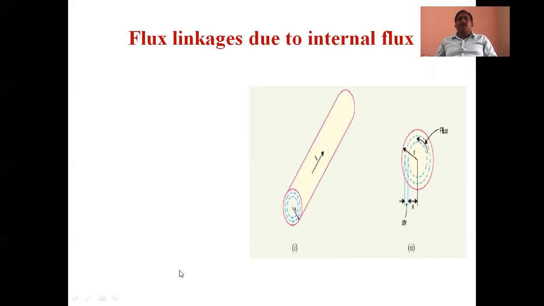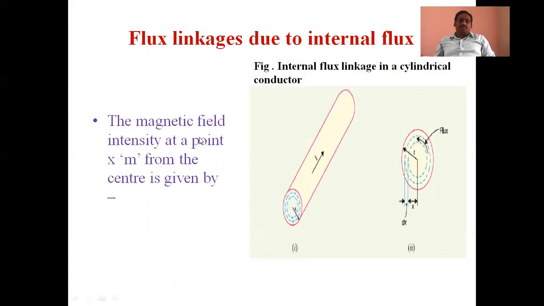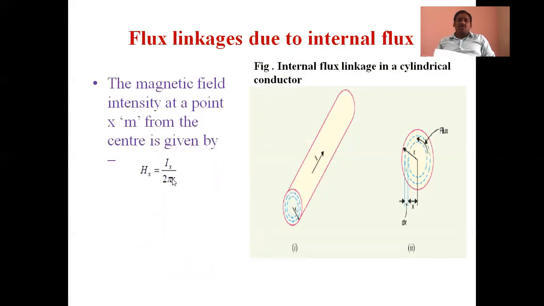According to Ampere's circuit law, which we already discussed in electromagnetic fields in our physics subject, the magnetic field intensity at a point x by the current I amperes flowing in the conductor is Hx = Ix / 2 pi x, where Hx is the magnetic field intensity at a point x, which is at a distance of x meters from the origin.